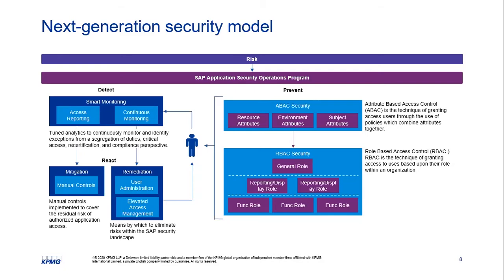But just to give you an overview, you have ABAC security, and this really secures the what, when, where, and how of sensitive functionality based on attributes: subject attributes, environment attributes, or resource attributes. For example, subject attributes can be a user, a computer, or application-specific data.